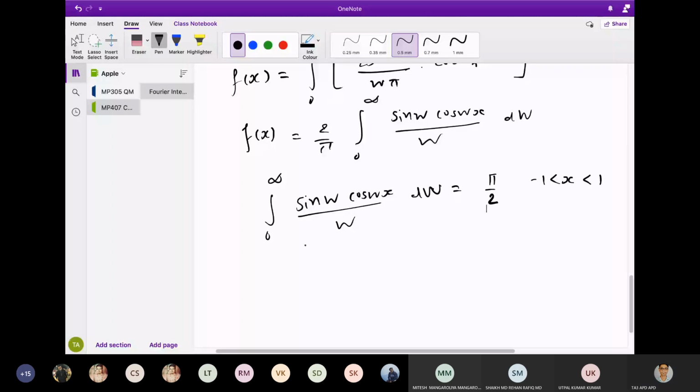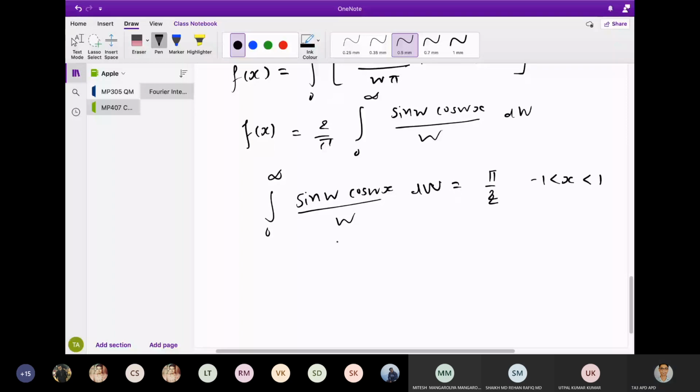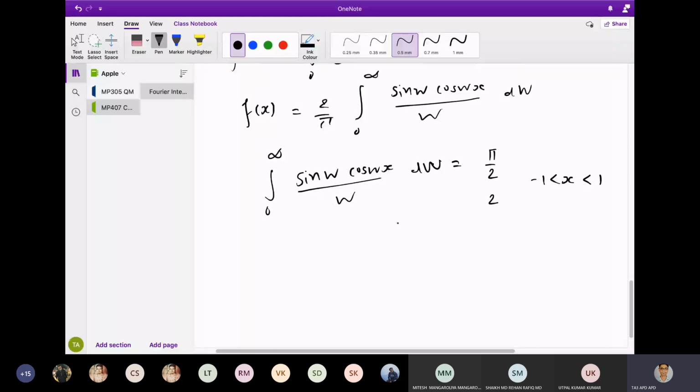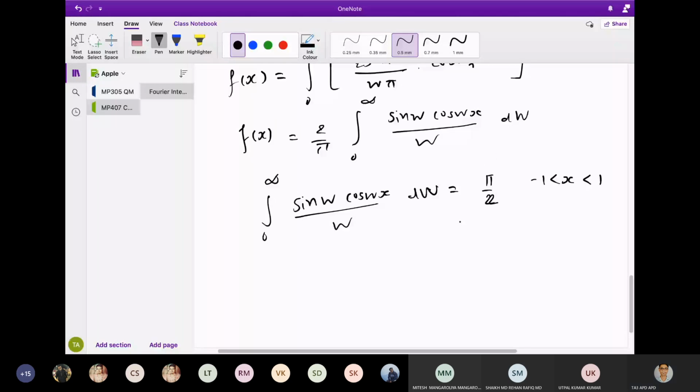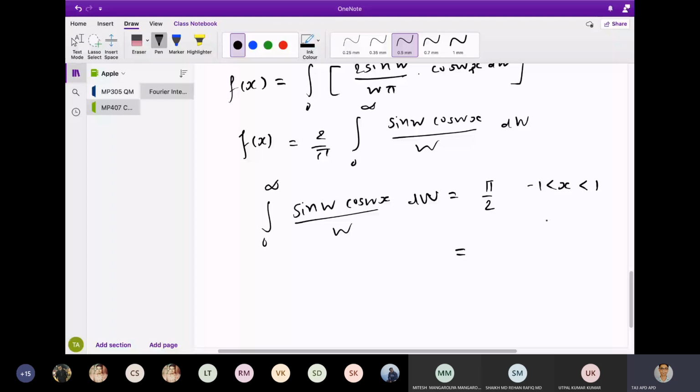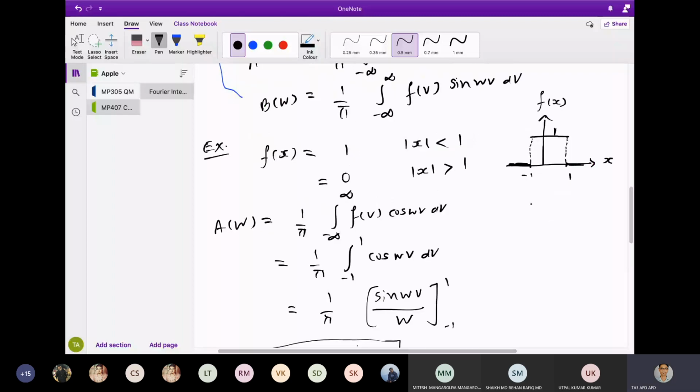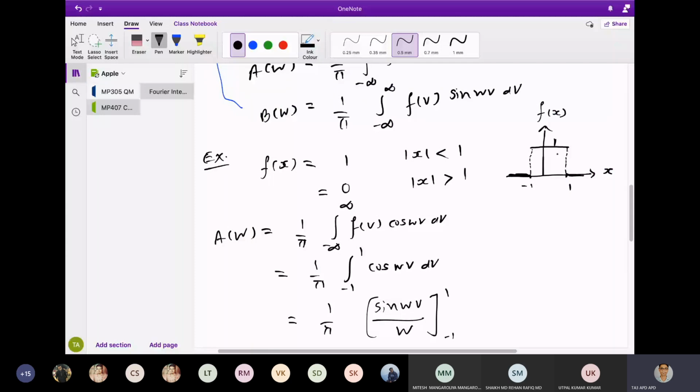Now, what is happening at this discontinuity? Here the function is actually discontinuous. As we have discussed previously, at the point of discontinuity, how do we find the value of the function? It is the left hand limit plus the right hand limit, divided by 2.